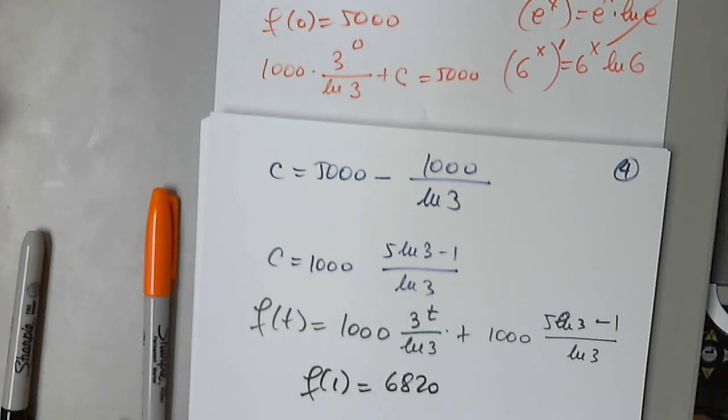So I'll say 6,820. So 1 comma 6,820. So we started with 5,000, and in an hour, we have 6,820. Very good question. Thank you, I appreciate it.